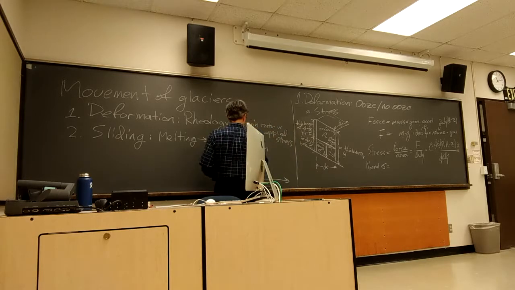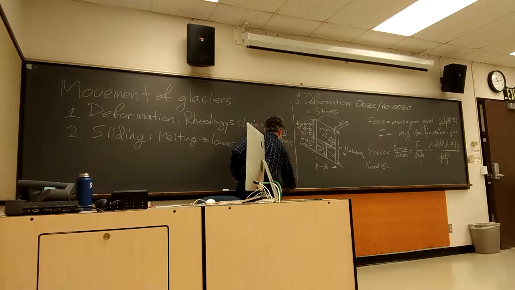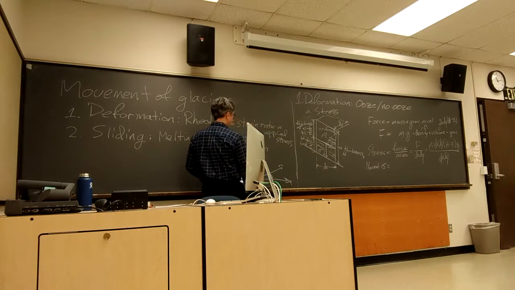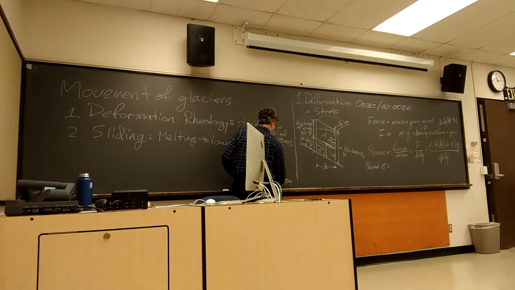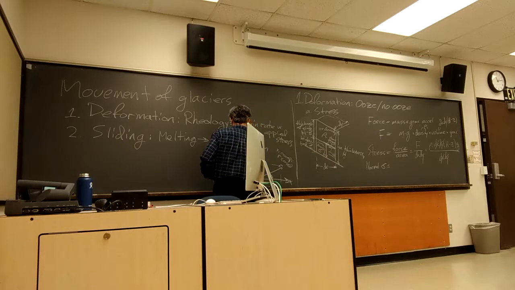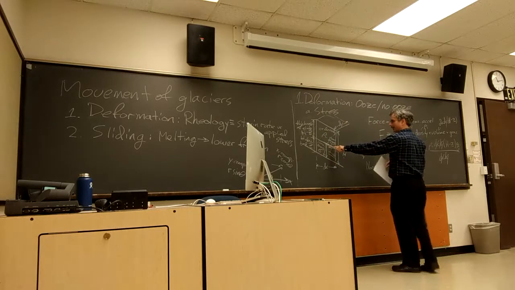If I have a y and an x axis, and I've got some vector of length r, and this angle theta, then the x component is r times cosine theta. The y component is r sine theta. So let's see if we can figure out where this angle goes.